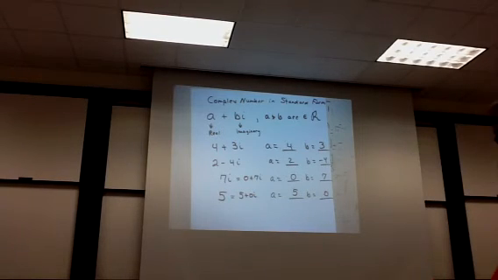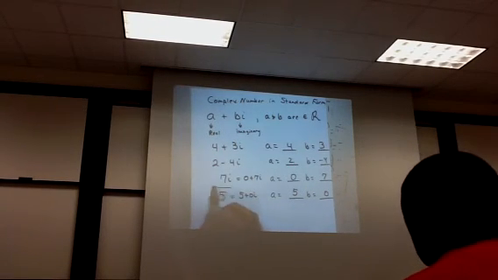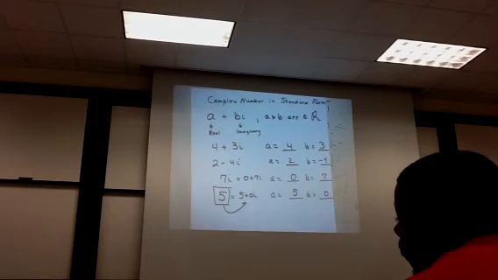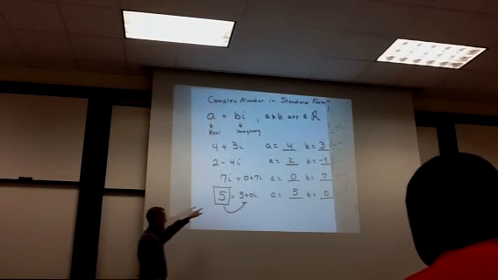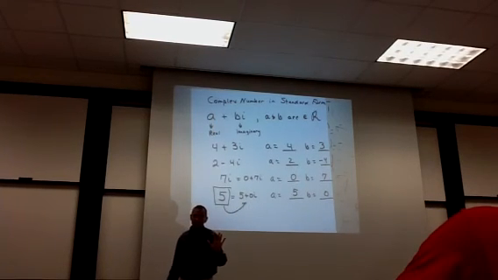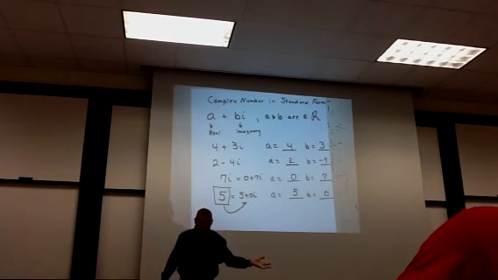But check out the implications here, ladies and gentlemen. That means that every single real number is also a complex number, because it can be expressed as that real number plus 0i, right?